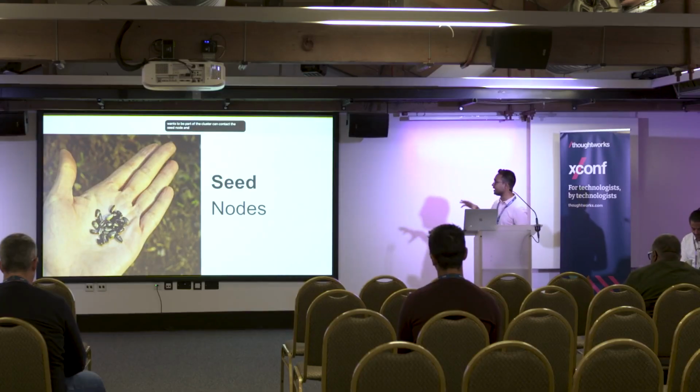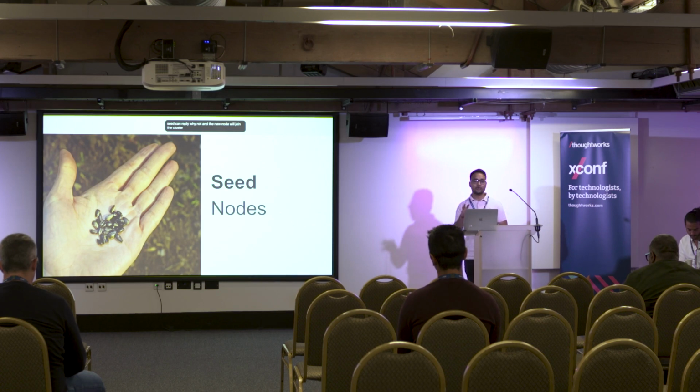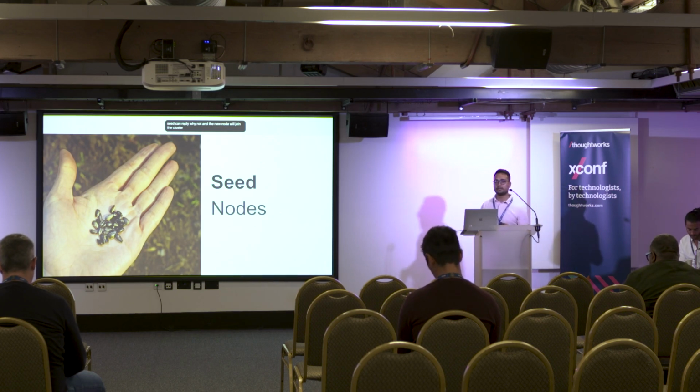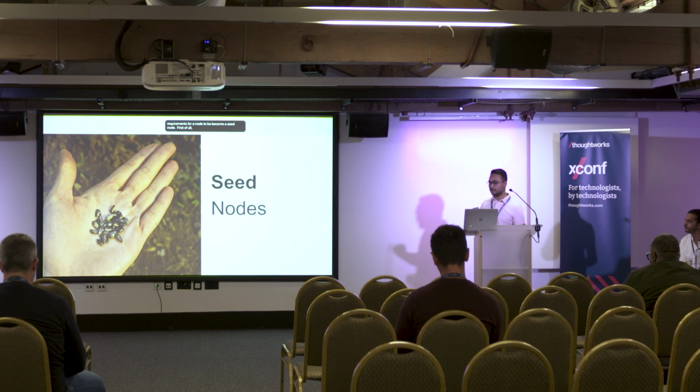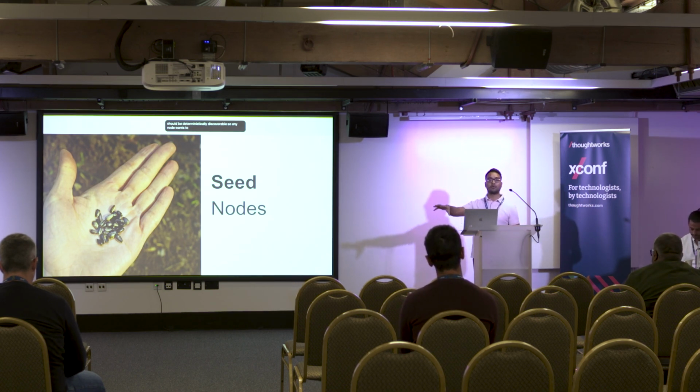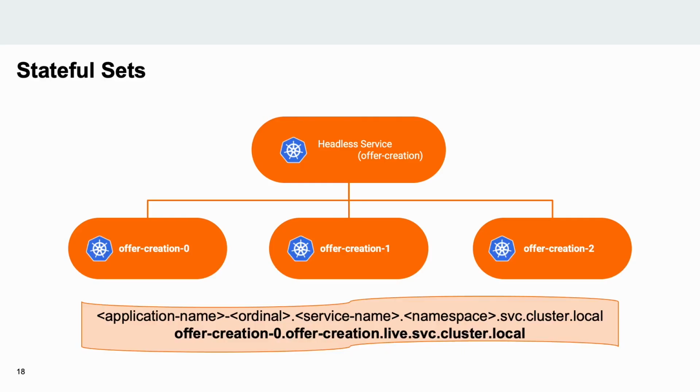And how did Kubernetes help us with this? There are two requirements for a node to become a seed node. First of all, they should have a guaranteed ordering, and they should be deterministically discoverable. So any node who wants to become part of the cluster should know which node it wants to contact. Kubernetes provides us with two things: one is a headless service, and another is stateful sets.